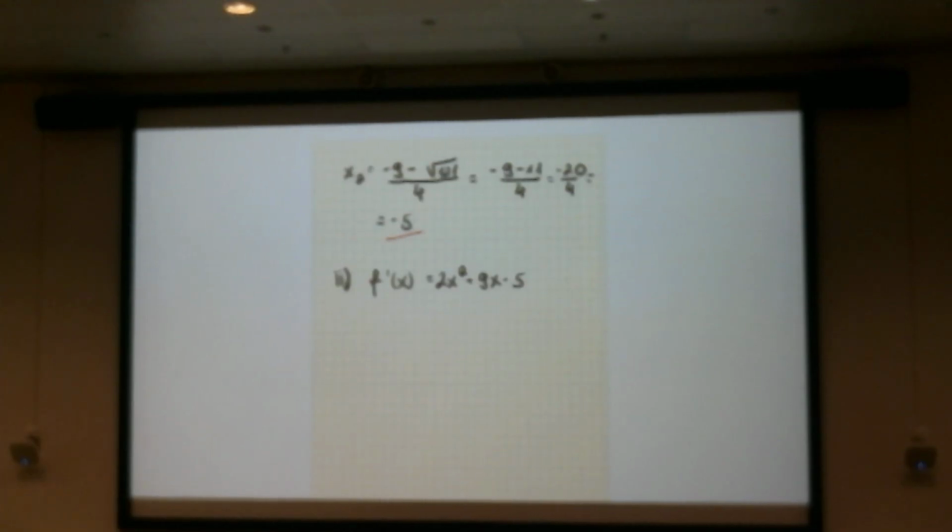That's the first derivative, but now we need to find the second derivative. So what is the second derivative of this function, 2 times x squared plus 9x minus 5? Exactly, that's just 4x plus 9.